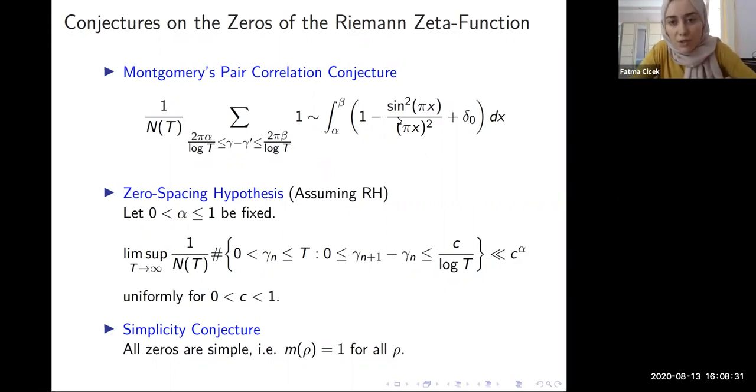So this function is called the pair correlation function for the ordinates of the zeros. So this conjecture doesn't assume the Riemann hypothesis, by the way.